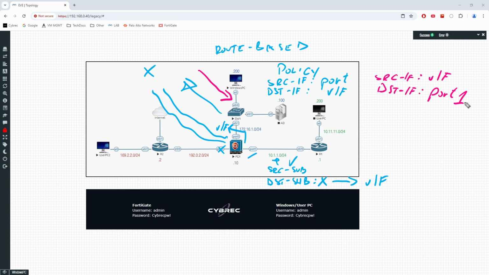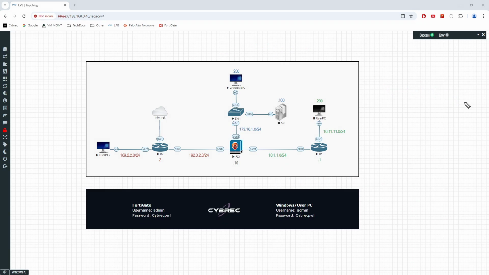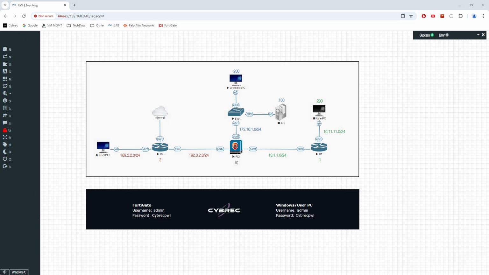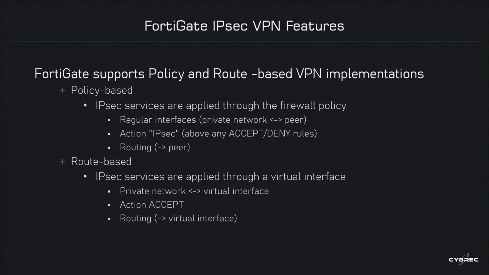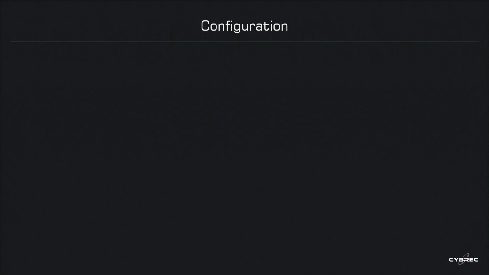If this was policy-based, we would basically flip port 1 with port 2, and it would be port 2 that would make the source and port 1 the destination. Okay, the policy action in this case is going to be regular, no special considerations here.